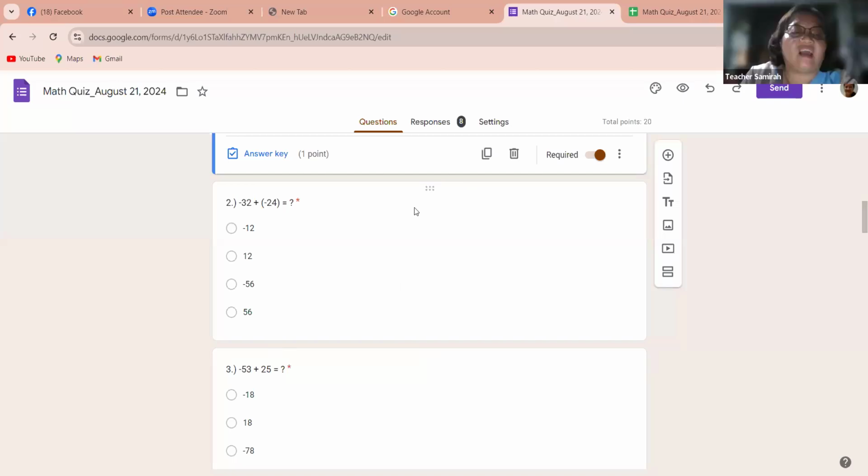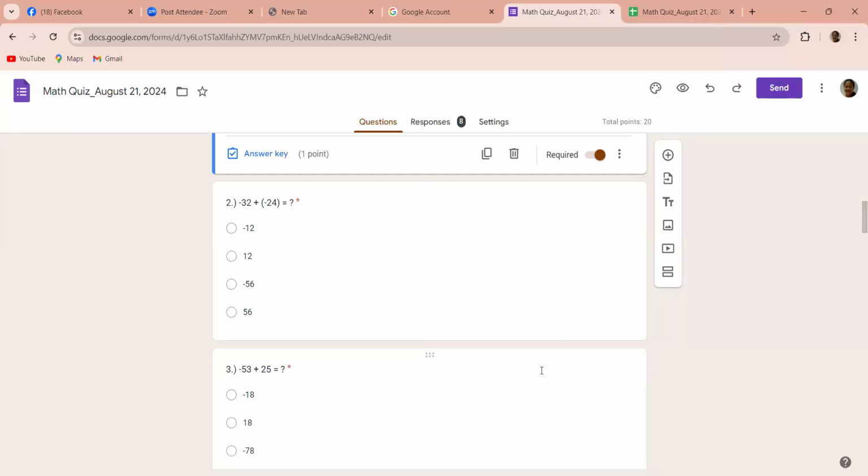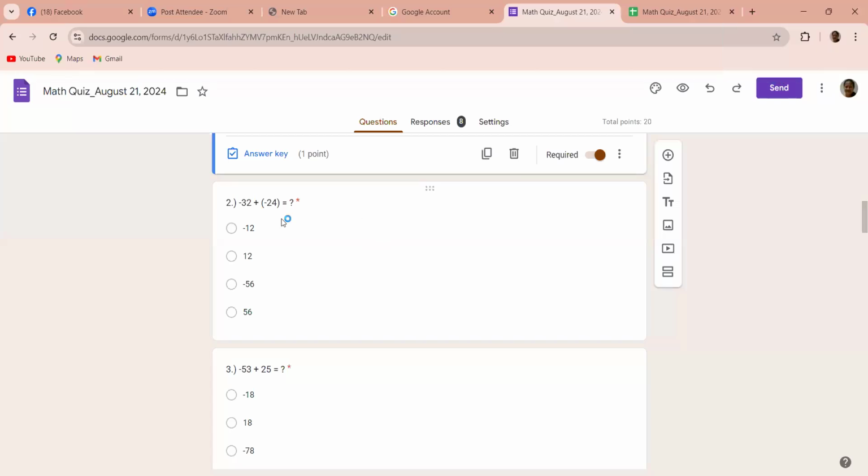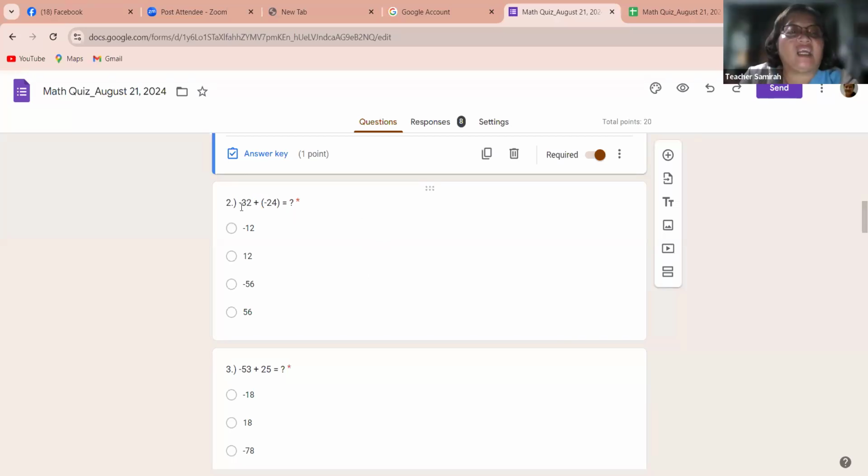Negative. So, according to the rule, when we add two negative numbers, what should be the sign of the sum? Negative. Okay. Are we going to add or are we going to subtract? Add. Okay. So look at this. Negative 32 plus negative 24.